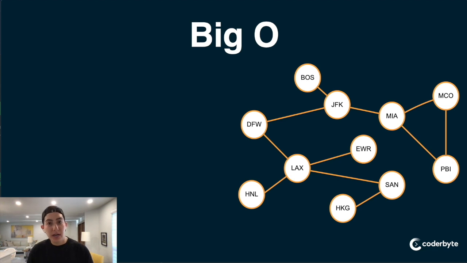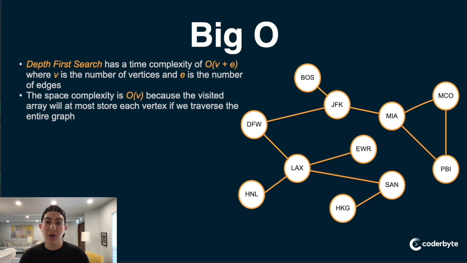You can also imagine that with every single function call to visit a node, what it means to visit a node is to add all of its edges to the stack, right? All the edges that haven't been visited yet. So for every node, you're also going to iterate for every edge. So for this algorithm, the big O will be a big O of V plus E, where V is the number of vertices and E is the number of edges.